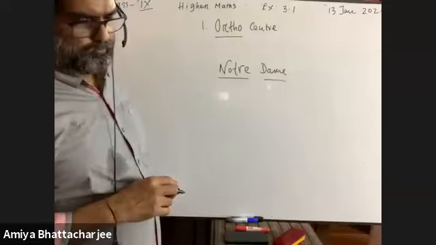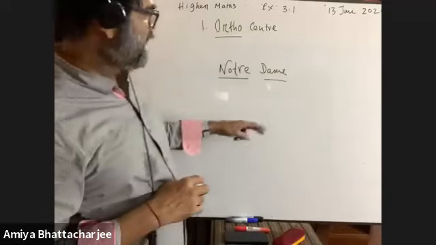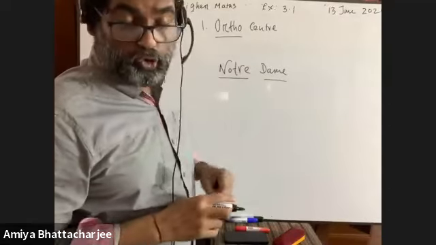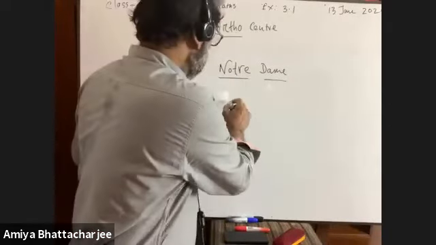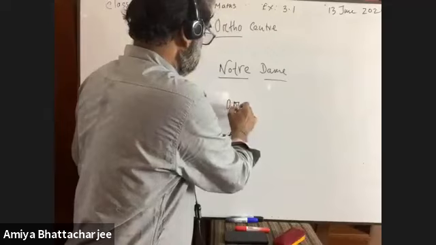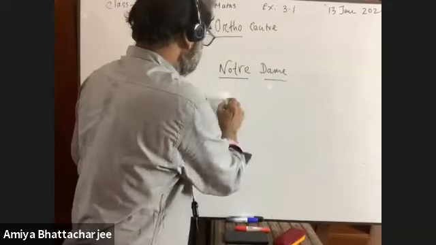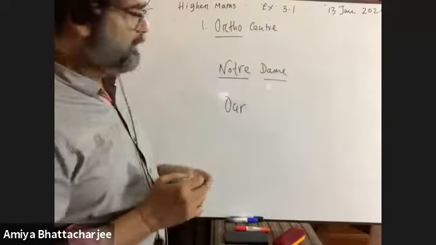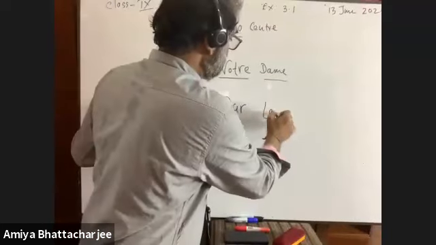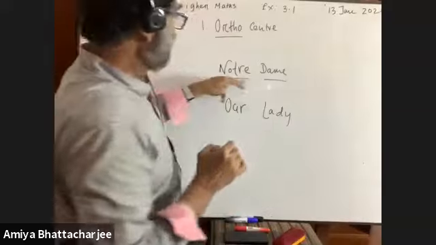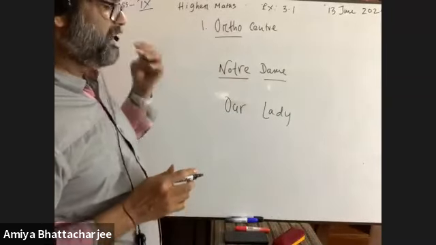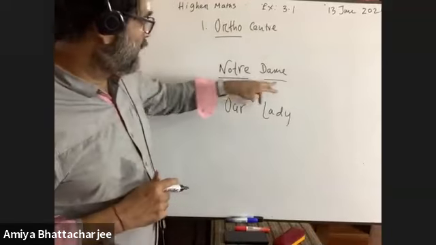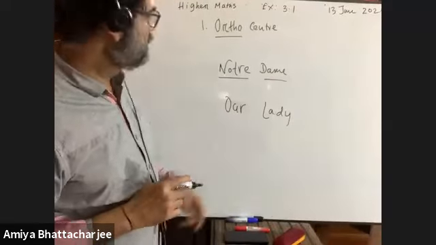Notho means our, and Dame means lady. That is, our lady: Notre Dame. Though the boys read it differently, it is Notre Dame, our lady, right?